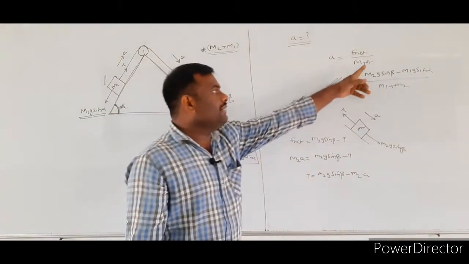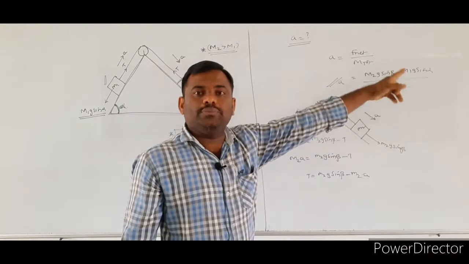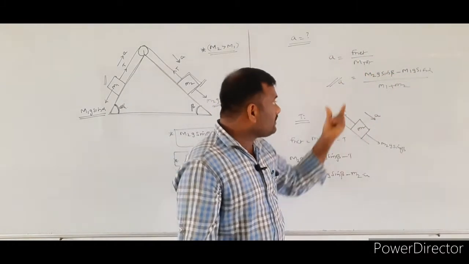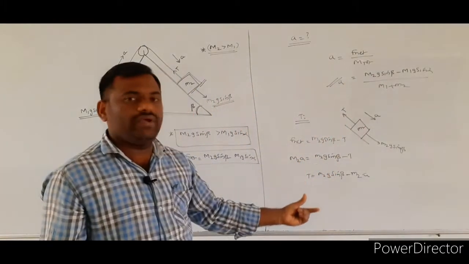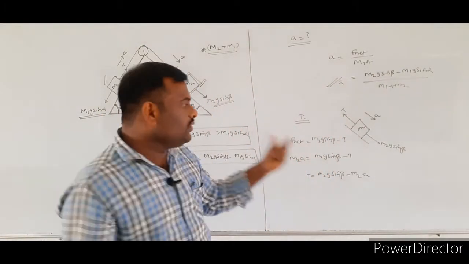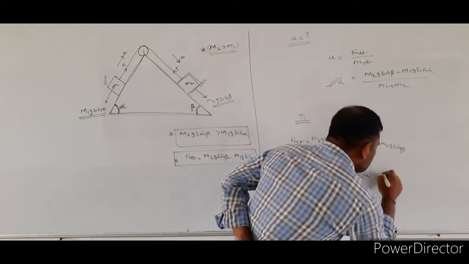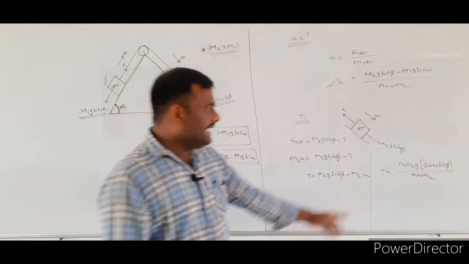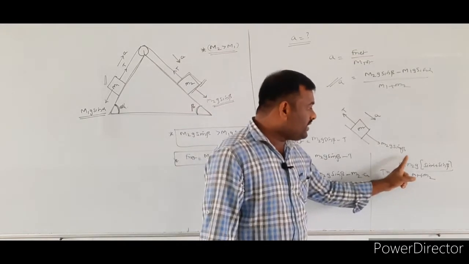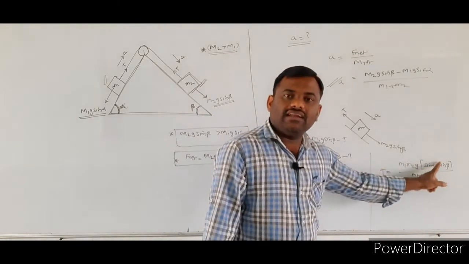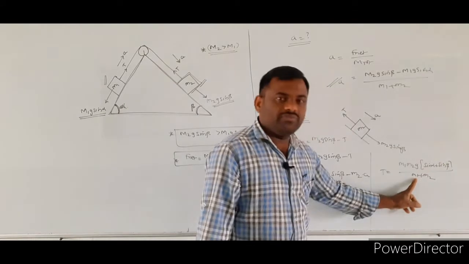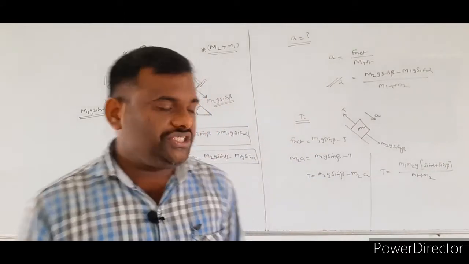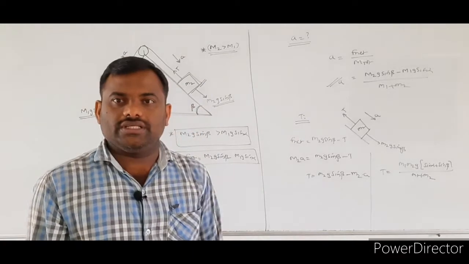We derived m2g sin beta minus m1g sin alpha by m1 plus m2. If you substitute the a value in this equation and simplify, you get the result for T. T is equal to m1 m2 g into sin alpha plus sin beta by m1 plus m2. So this is the required equation for the tension in this given application.